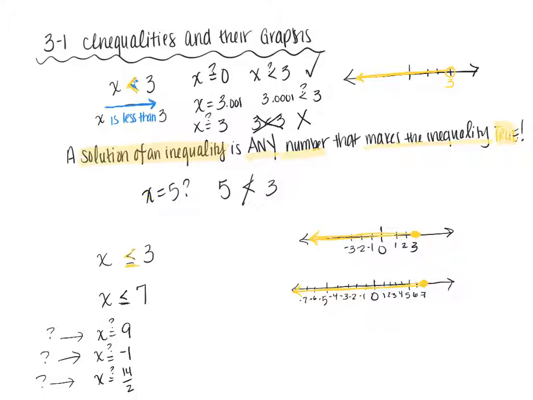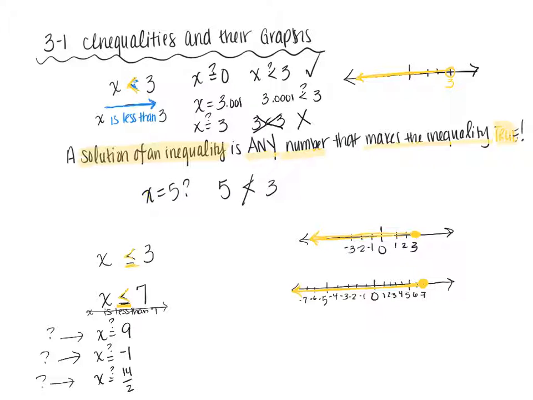All right, using your yellow highlighter or a yellow colored pencil or marker, hopefully you drew this out. You put a closed dot, filled in, right above 7 because it is equal to 7. And x is also less than, so my x is going to go this direction. Remember that I read from left to right, so I read x is less than 7.